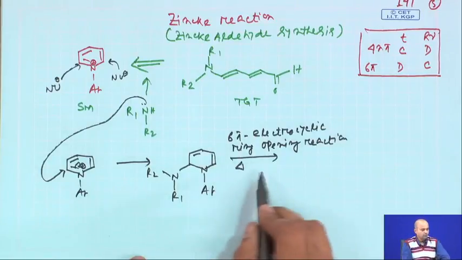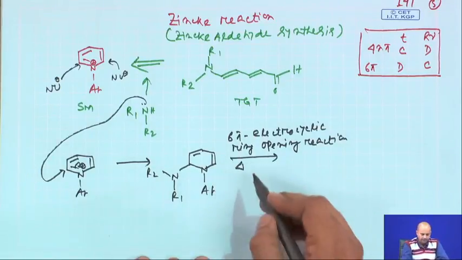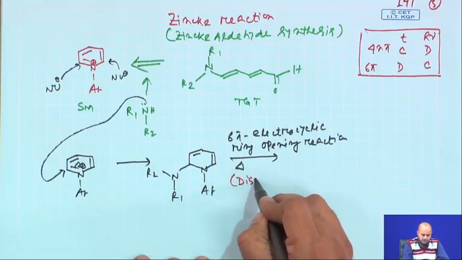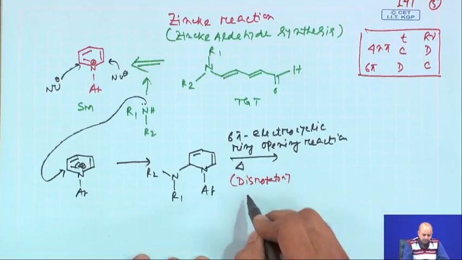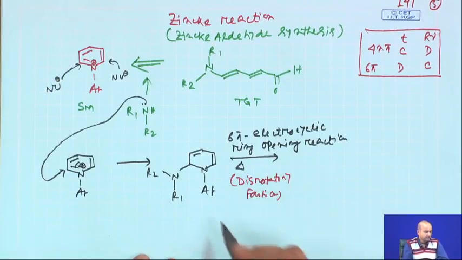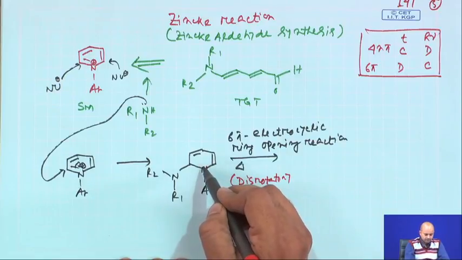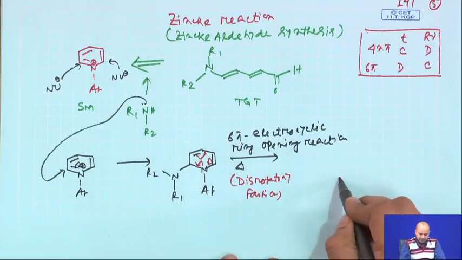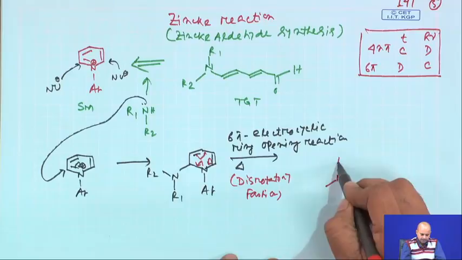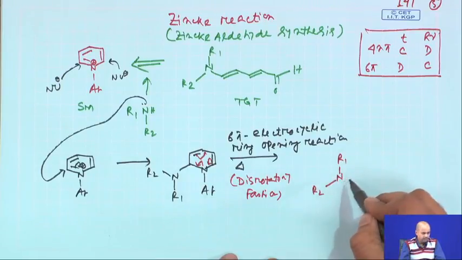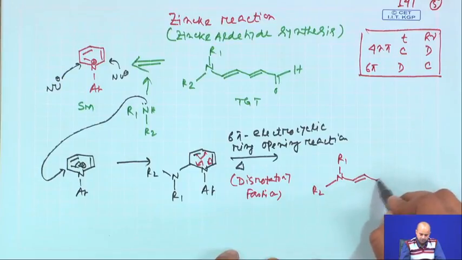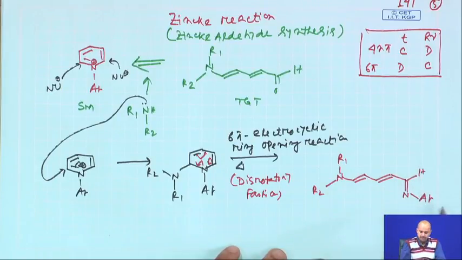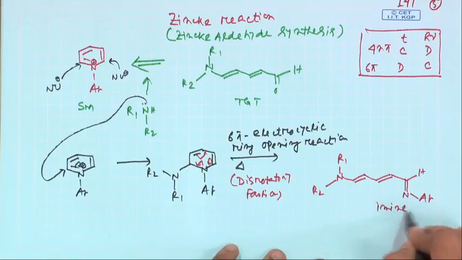Now, if you are doing this particular 6 pi electrocyclic ring opening through a disrotatory fashion, you will find that the reaction occurs in this way, and the pyridinium nucleus is now clipped to give you a 6 pi open system, which is nothing but an imine.